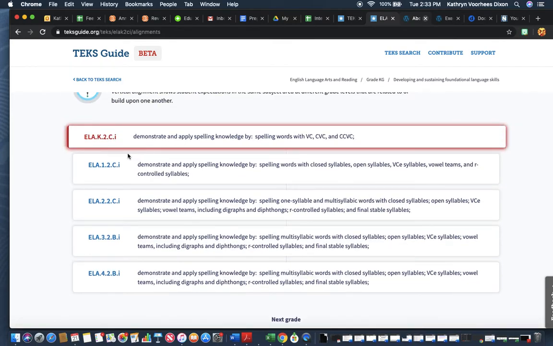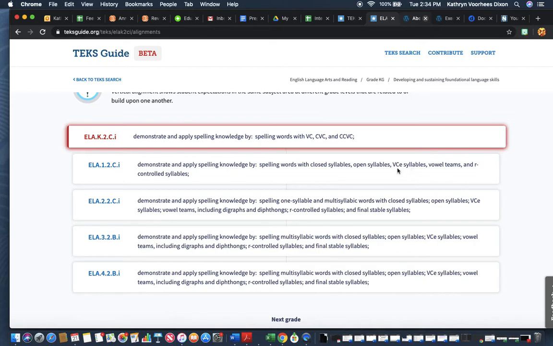we see that as we go from kindergarten to first grade, we are now asking them in first grade to spell words with closed syllables. Remember, that means that it is a short vowel with a consonant at the end. So we're talking about words like cat or log, or open syllables, which could be like bee, B-E-E, or go, G-O.